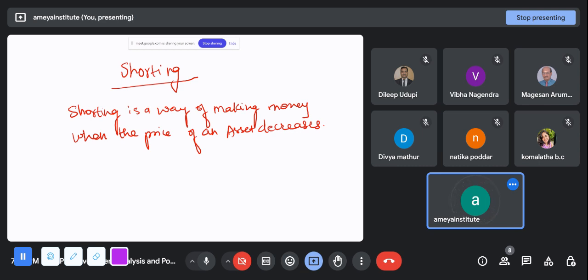It's a way of making money when the price of any asset decreases.